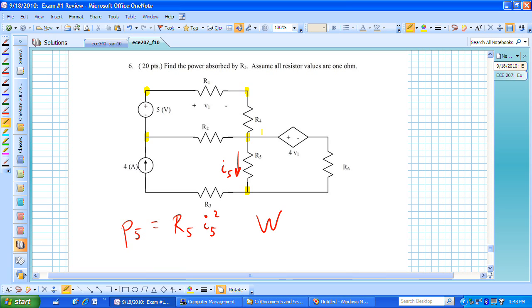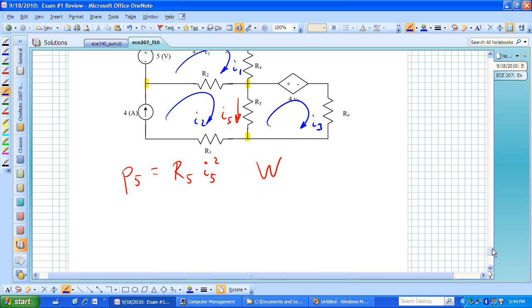What I'm thinking more is that I can see the meshes there, maybe I'll write some mesh equations. Maybe I'll call this I sub 1, this I sub 2, and this I sub 3, and start writing some KVL equations. Now I have 3 equations that I need to find and solve for I sub 1, I sub 2, and I sub 3.